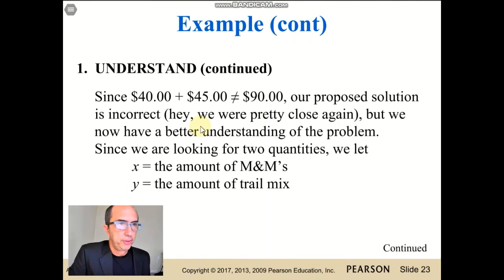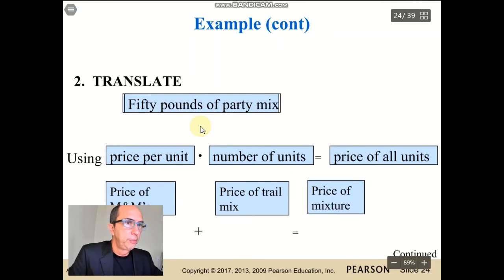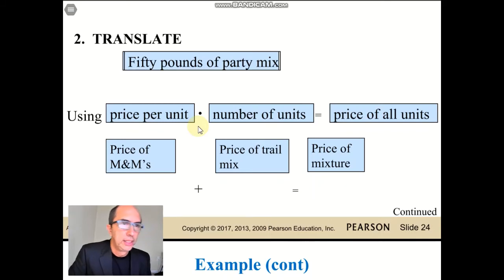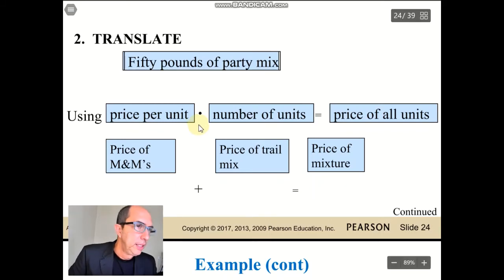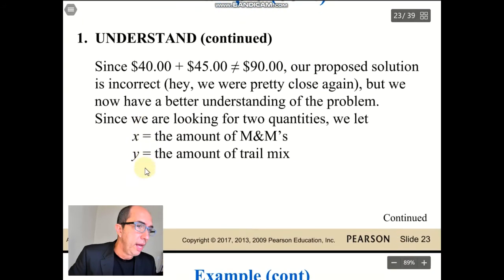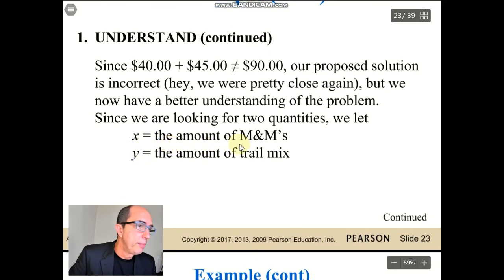Next step, let's translate into math equations. The total amount is 50 pounds of party mix. We label X as the amount of M&Ms and Y as the amount of trail mix.